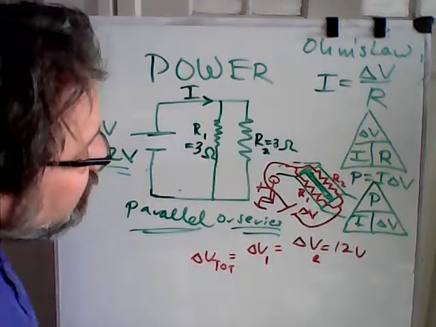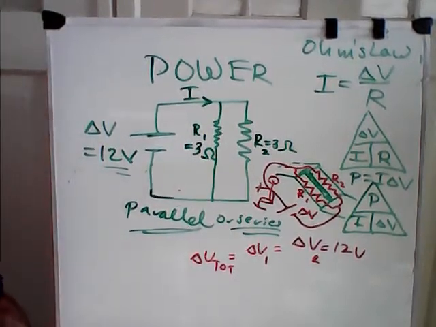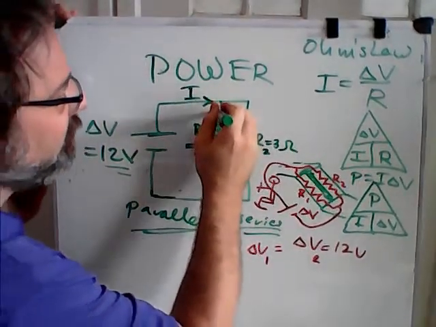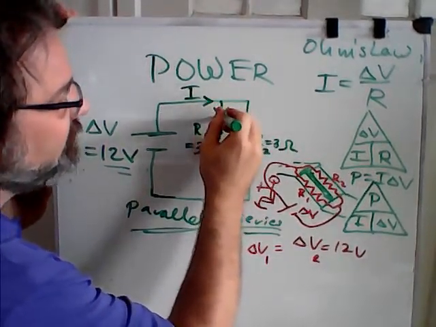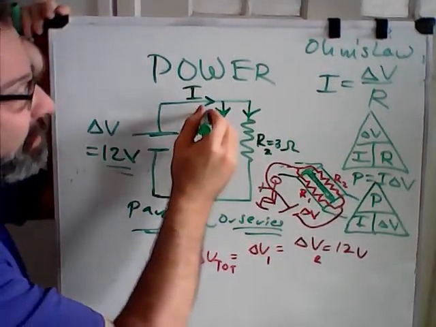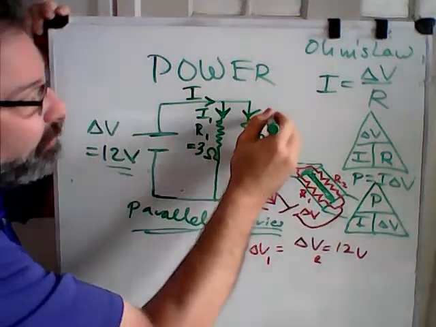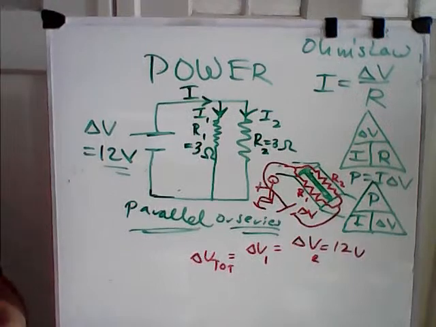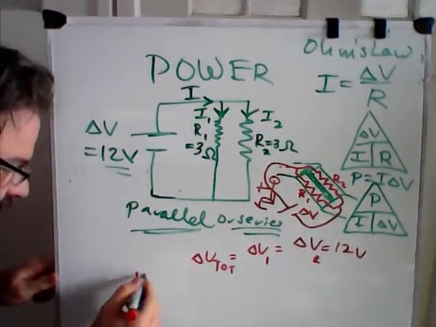Okay, so that means we can answer an important question here, namely, how much current flows through each of our resistors? So we have current flowing down this path and current flowing down that path. We'll call this I1, and we'll call this I2. So how big is I1 and how big is I2?